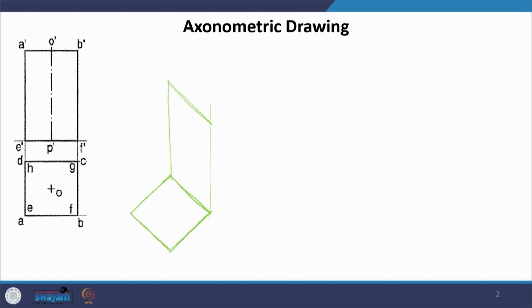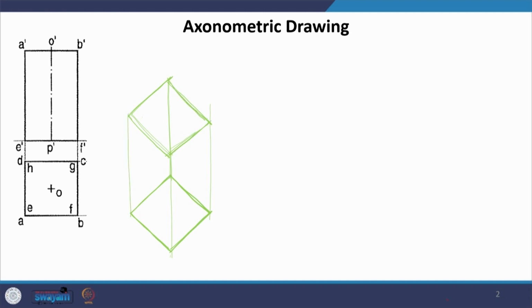Now, just as we do in isometric, we can get any one reference line and then draw the rest of the parallel lines, or we could draw all the lines and then draw.